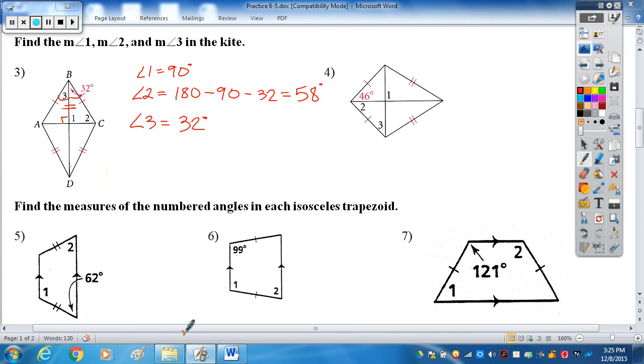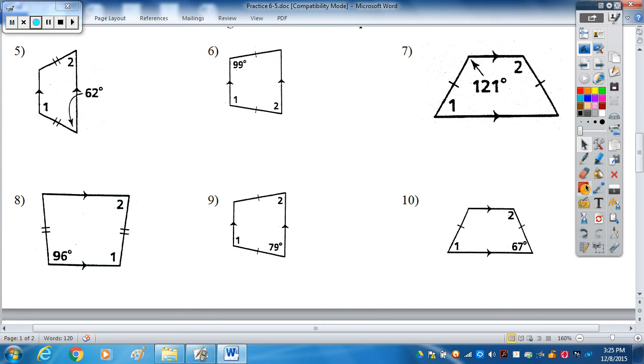Now there's just a couple of other example problems I want to make sure that you see. The first one being number 5 right here. I told you that the bases of an isosceles trapezoid don't have to be on the top and bottom. They can be on the left and right. So again, I'm going to identify the base here and the base here. Now remember, the angles along the same base have the same measure. So this angle here, 62, will be the same as angle 2.